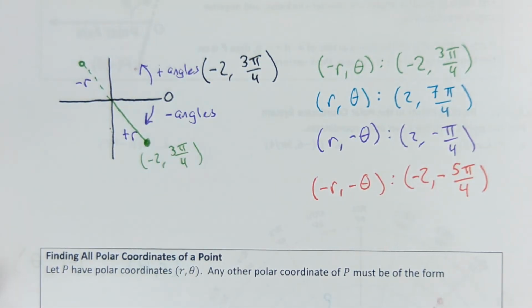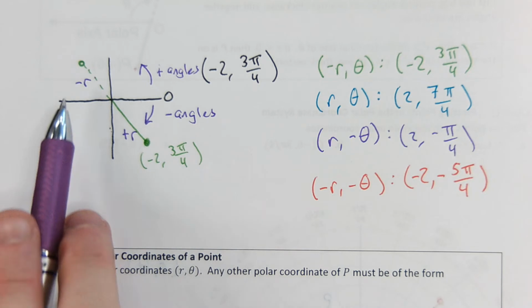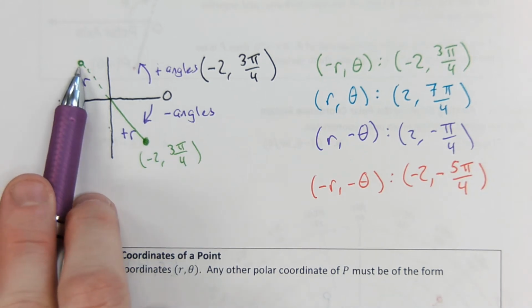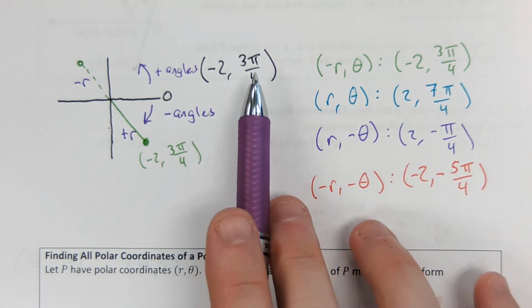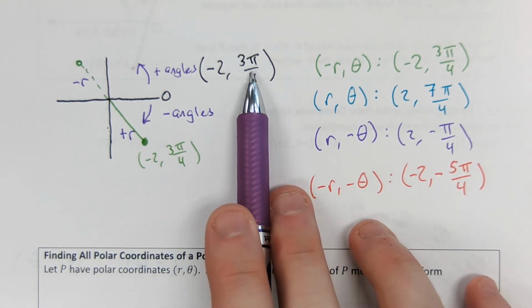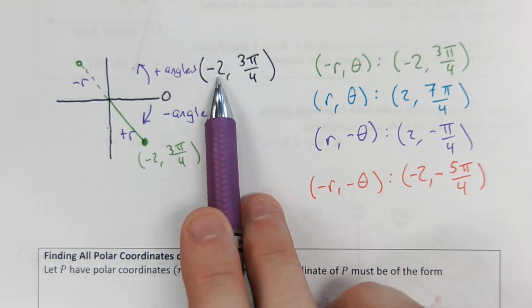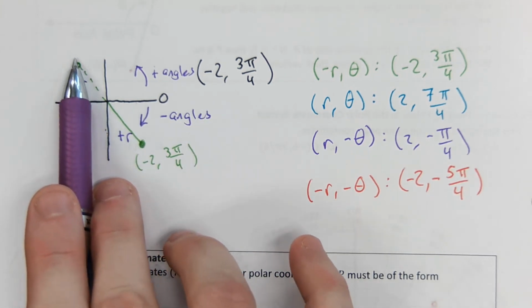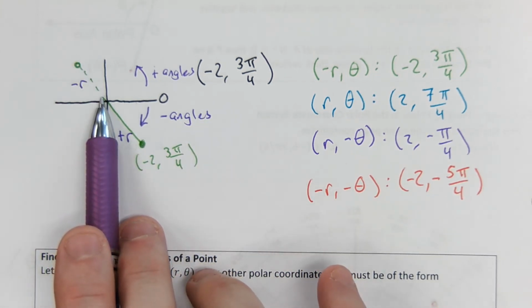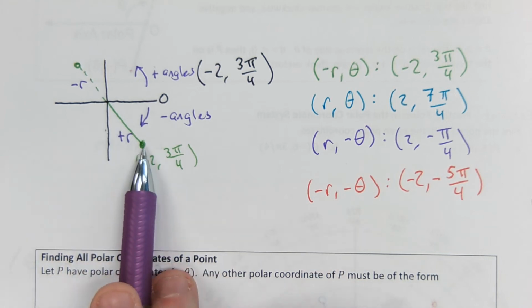Because the negative radius just says reflect away from where theta told you to be. You're reflecting from the quadrant. This said, go to quadrant 2. And this said, reflect to quadrant 4. If that had said +2, we would have stayed right there and we would have made this a solid line. But because it was negative, we had to reflect it.